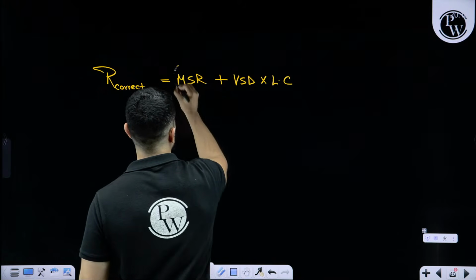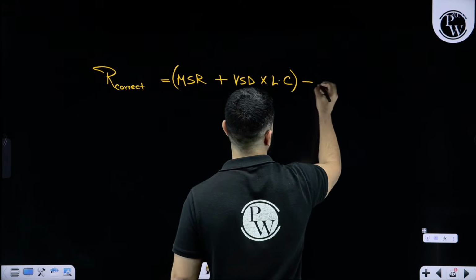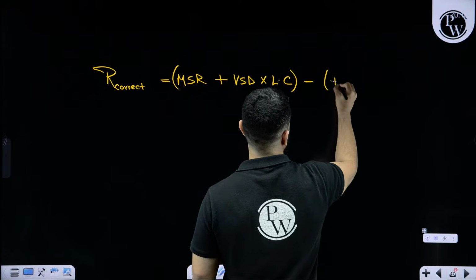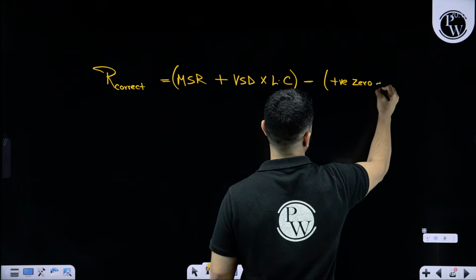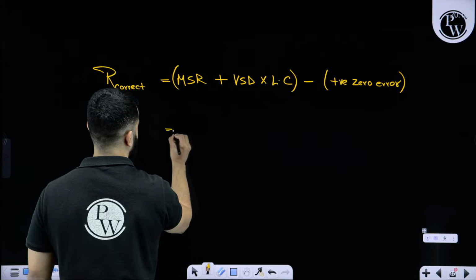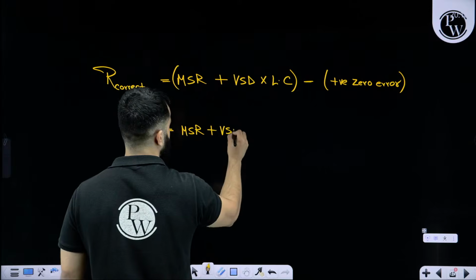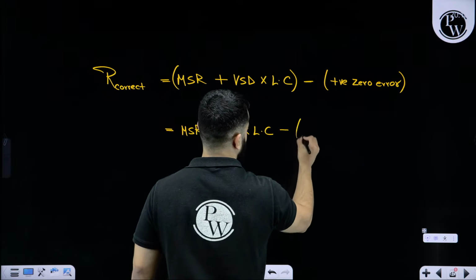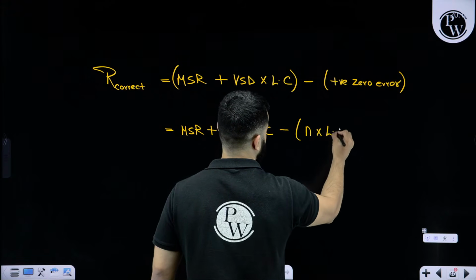But now we know that this instrument has some error, so we are going to write minus that positive zero error. So in the next line, we are going to write main scale reading plus VSD multiplied by least count minus n multiplied by least count.